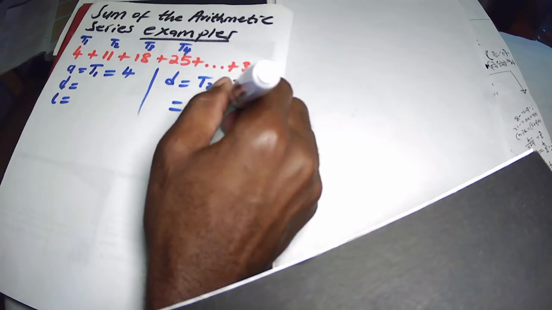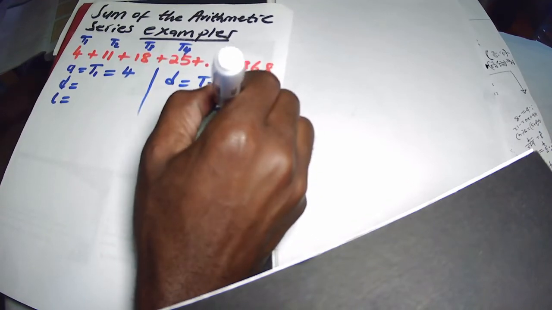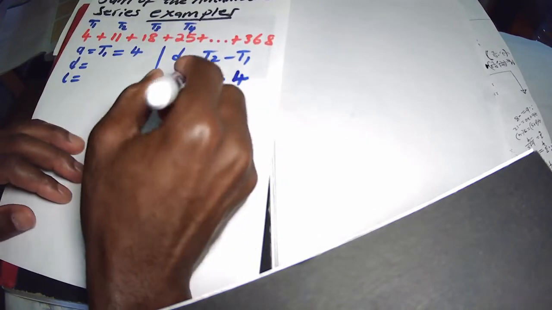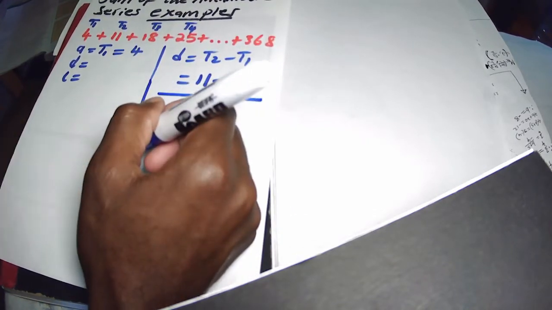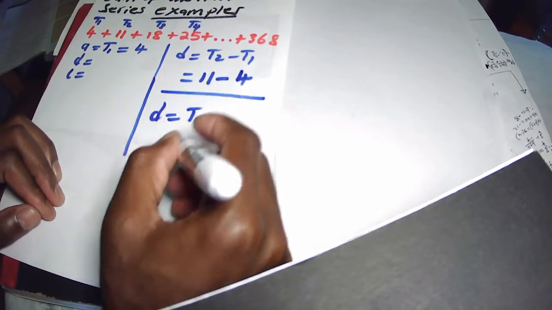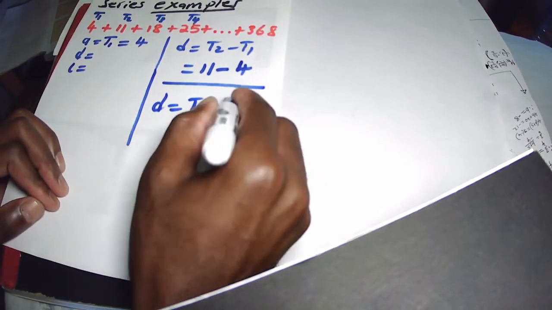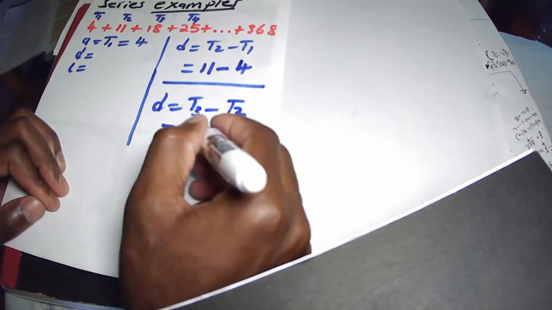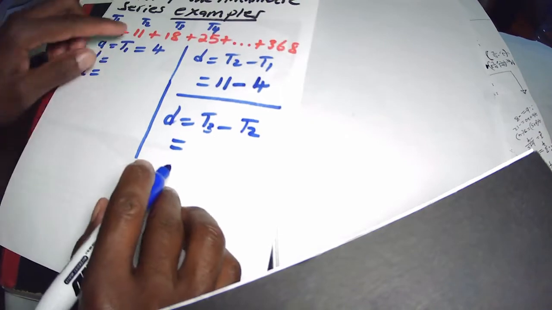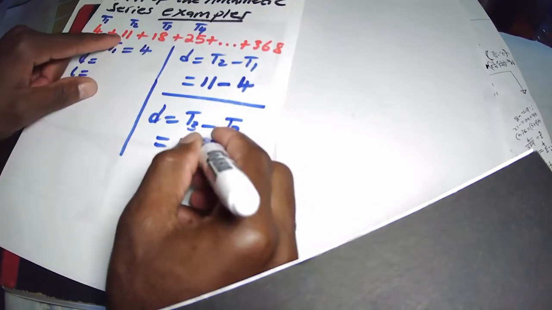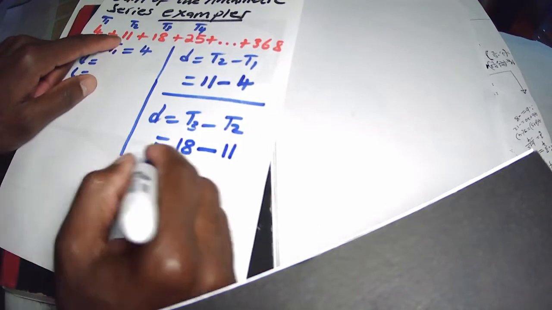If you are not confident enough, continue to write T3 minus T2. What is T3? From here we can see that T3 is 18, so it's going to be 18 minus 11.